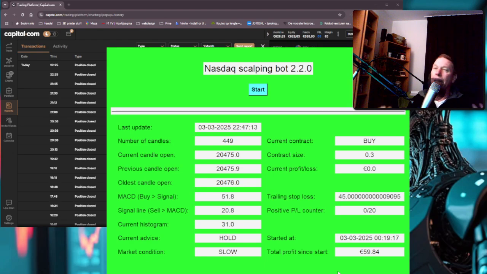No. So I'm going to dive into the code and find out. I have an idea why A, the positive counter is not working as it should, and B, why he's opening two positions at the same time. That's what I'm going to do.